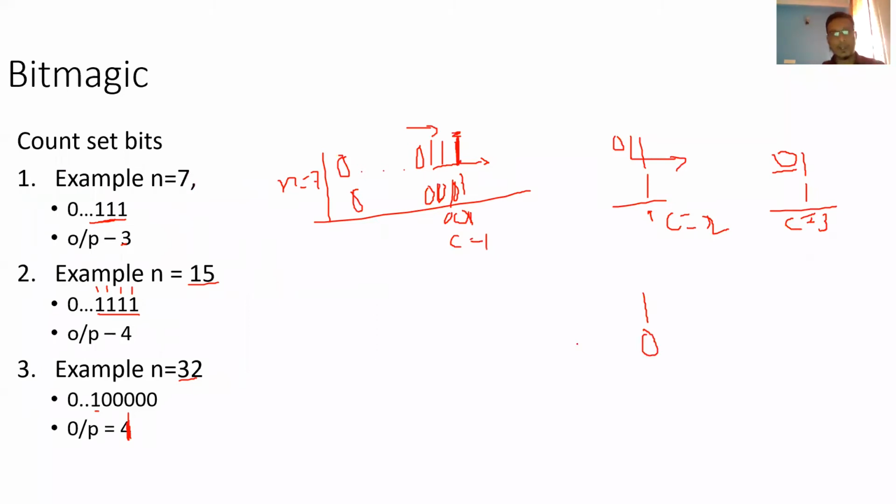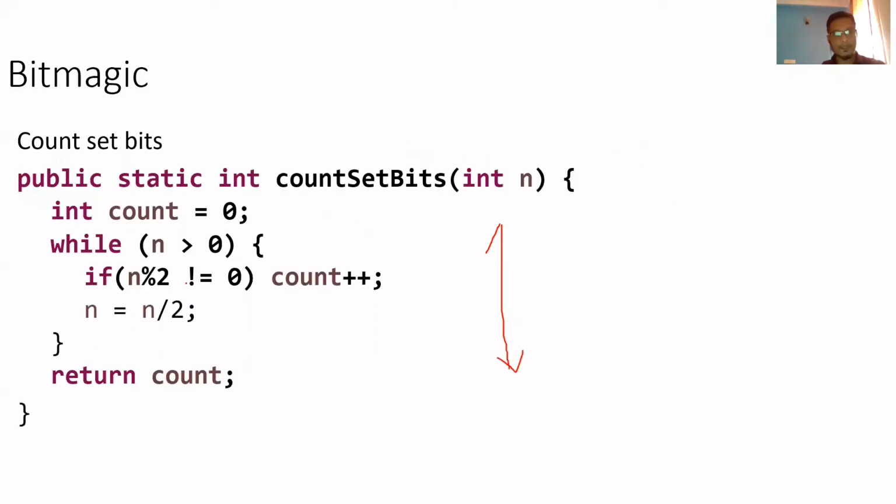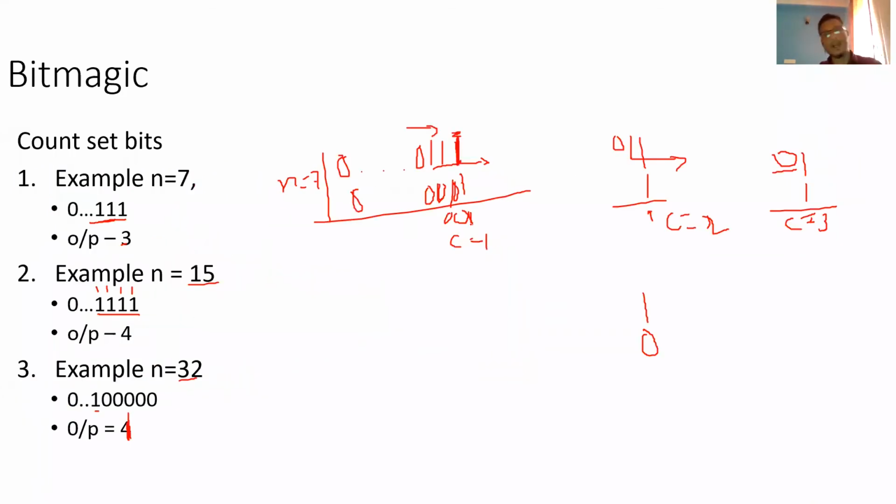So that is what I am trying to do here, right? Once I check, if it is not 0, then that means the bit is set, so I will increase the count. Then the next operation, I will divide the number by 2. We just saw it, right? Dividing the number by 2 is nothing but right shifting it by one position.